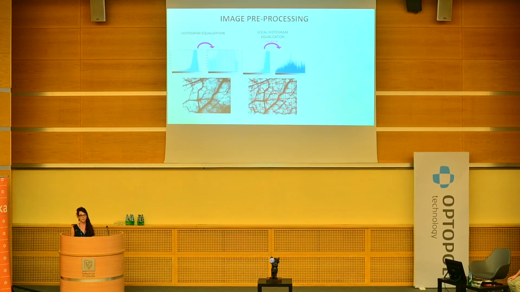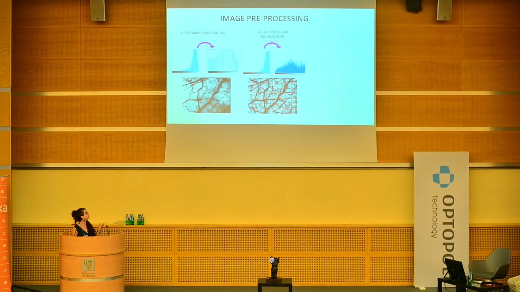That's why local histogram equalization exists, which does exactly the same, but in small pieces of the image. This way, we don't lose that much information in some of the areas, but we still have a lot of noise amplification. This is basically because when we have a very homogeneous area, we have peaks in the histogram, and that produces a lot of noise in the final image.